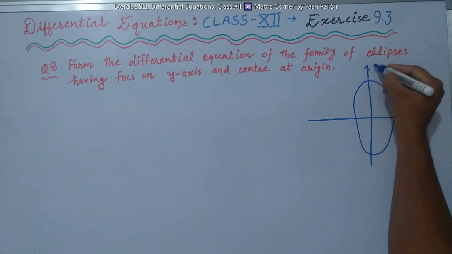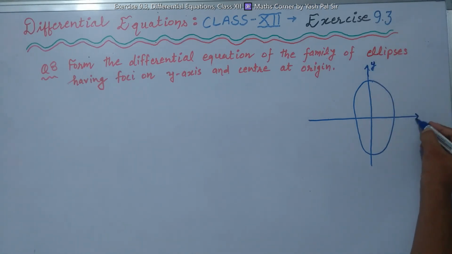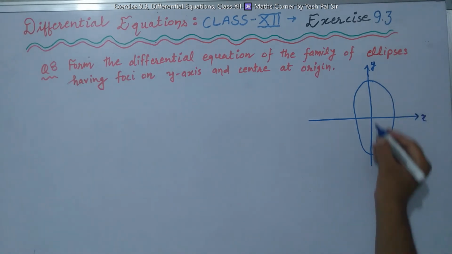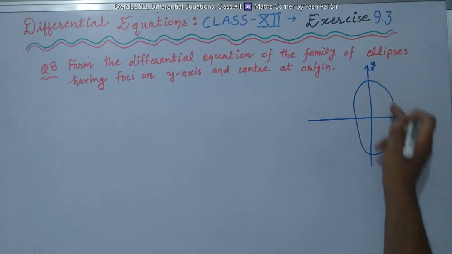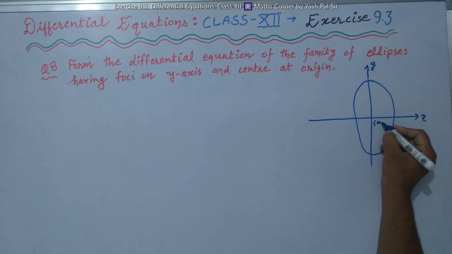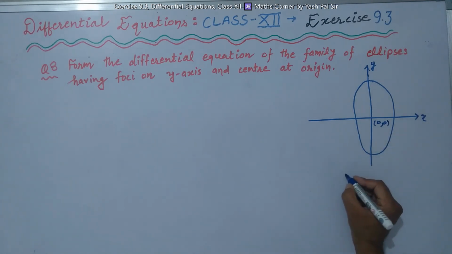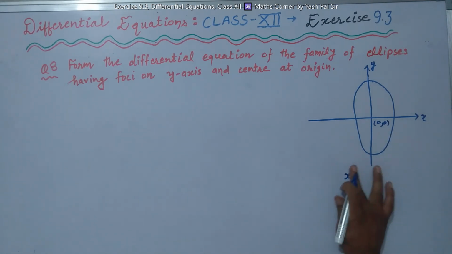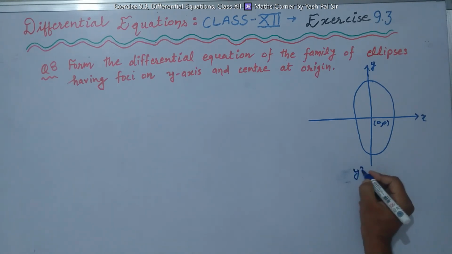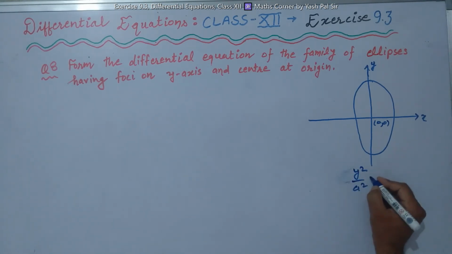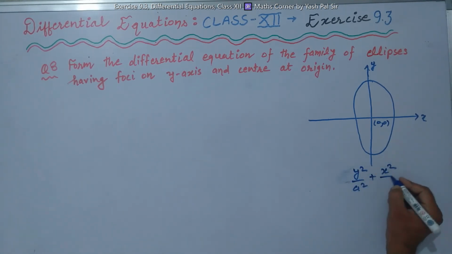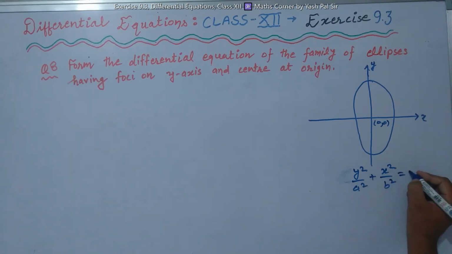So, this is the y-axis and this is the x-axis. The center is at the origin. So the equation of this ellipse is y square upon a square plus x square upon b square is equal to 1, where a is greater than b.